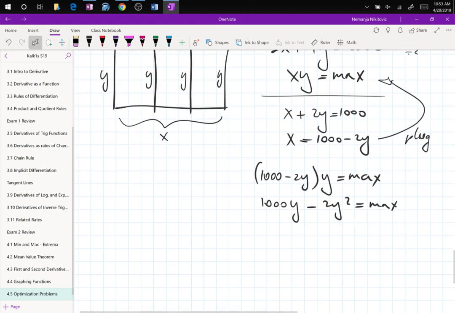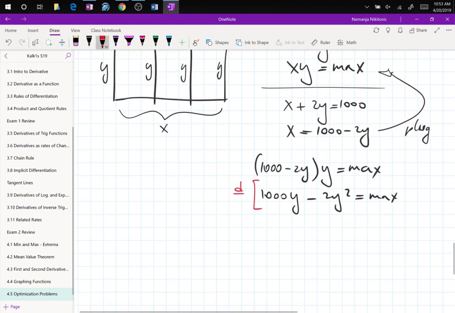And now you hit this with the d/dy derivative, which is 1,000 minus 4y equals 0. So y equals 250 yards. Now clearly this has to be the smallest of all because we use a lot of fence for the inside fence, right?